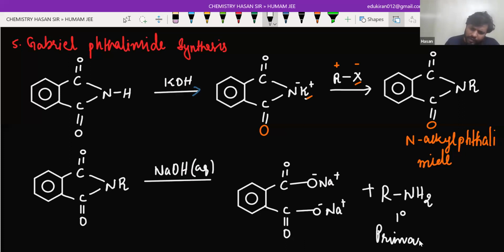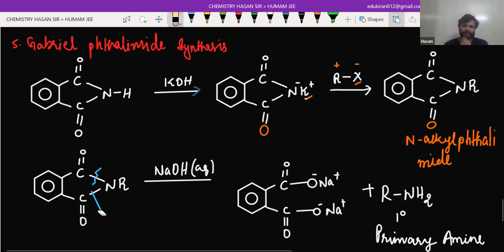We generally use this Gabriel phthalimide synthesis to produce this. Very simple it is. After dipping into aqueous NaOH, this will be broken, this will be broken, and H will be replaced by Na+. This will be right.